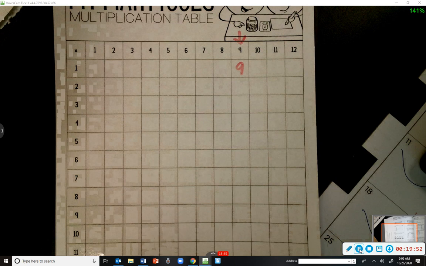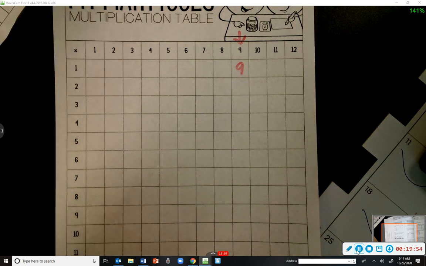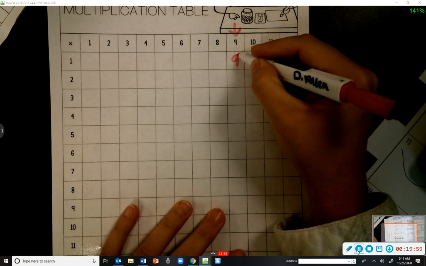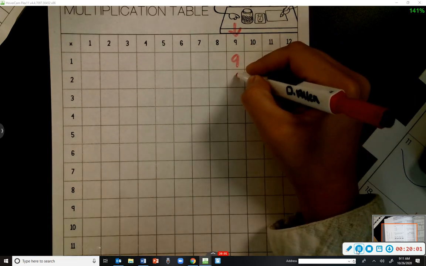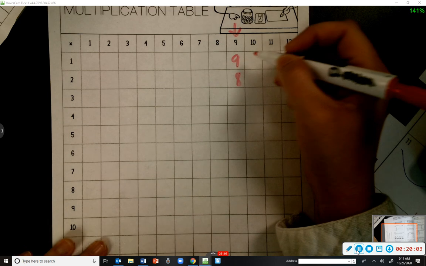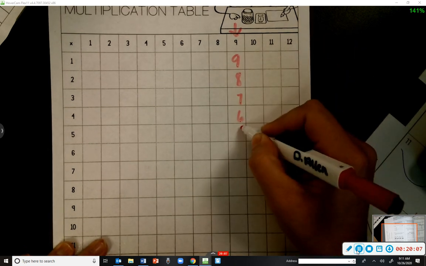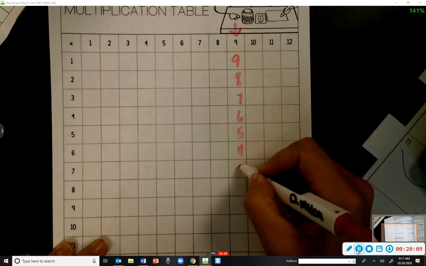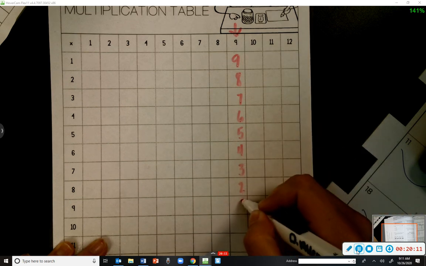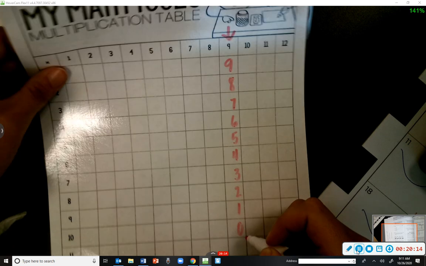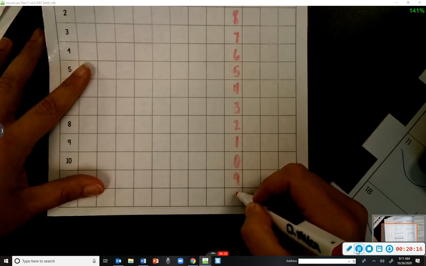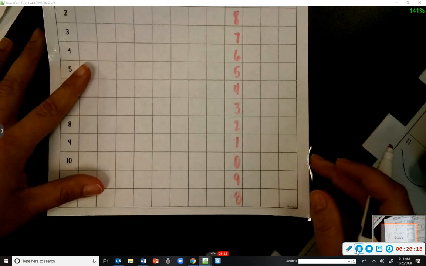Okay, so let's look at what you should have gotten for your 9 facts, trying out that pattern we learned. So I'm looking at the ones place first. It goes down, so it would be 9, 8, 7, 6, 5, 4, 3, 2, 1, 0, and then we said it started back over here, 9, 8.